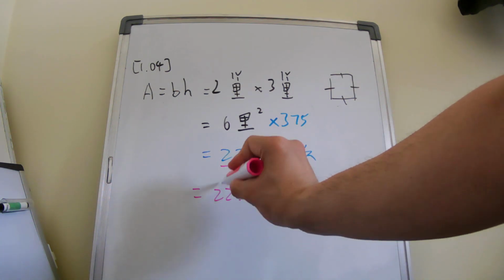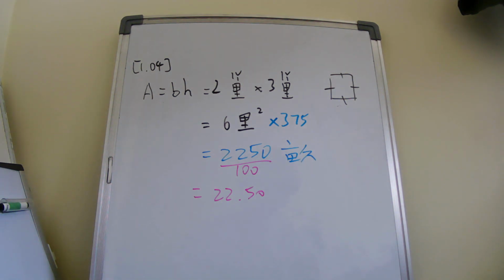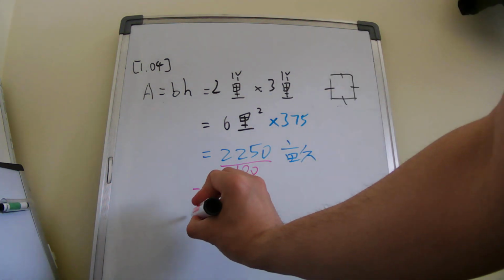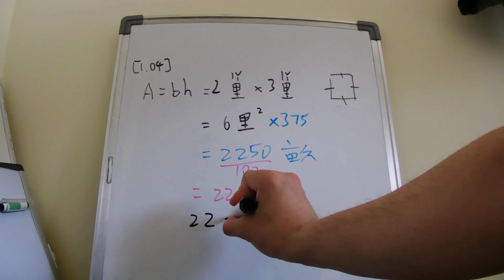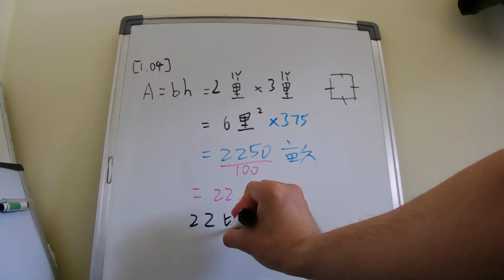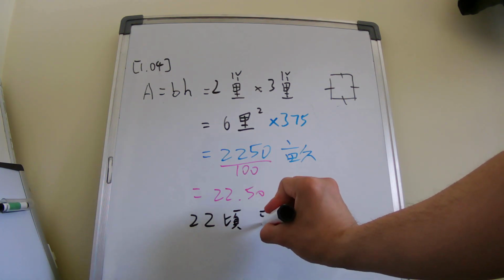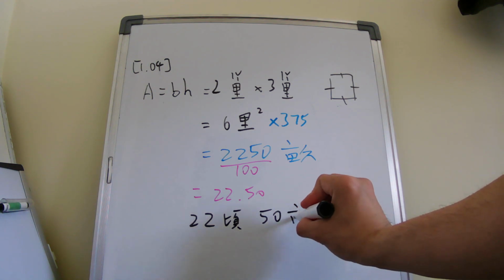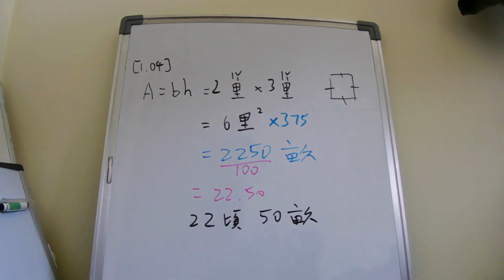That's the amount of qǐng, the Chinese hectare. So we get 22 qǐng and 50 mu. All right, and that agrees with the answers given in the book.